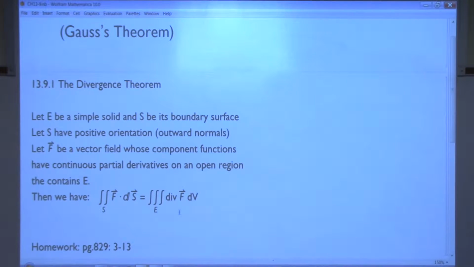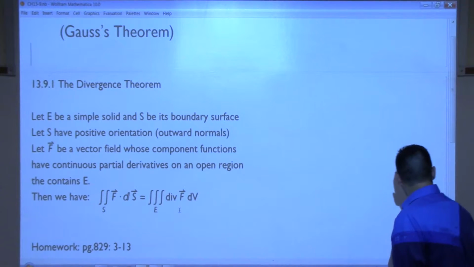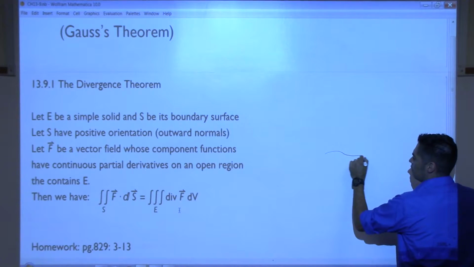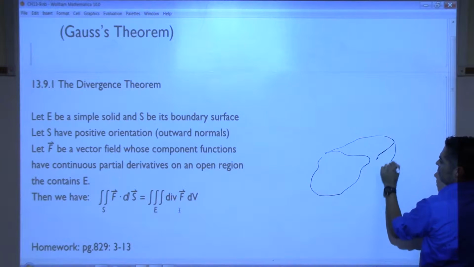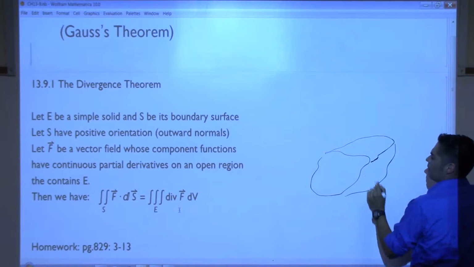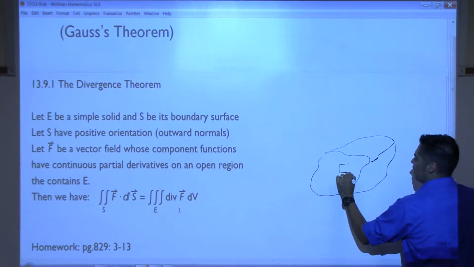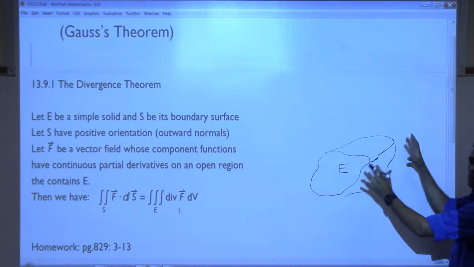Let E be a simple solid and S be its boundary surface. So we have some three-dimensional solid sitting here in space. We're going to call this E, and let S be its boundary surface.